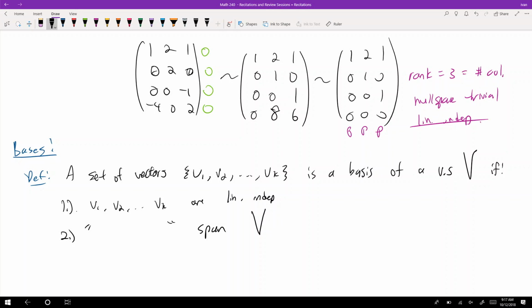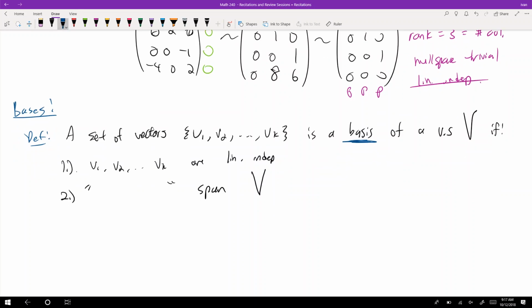All right. So a lot of the vector space stuff we're doing now is just checking conditions, and for a basis, these two conditions are what you need to check. All right. So for example, let's do one. Should be a simple one.